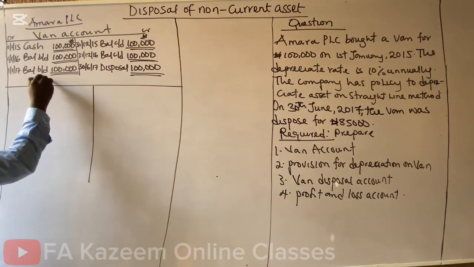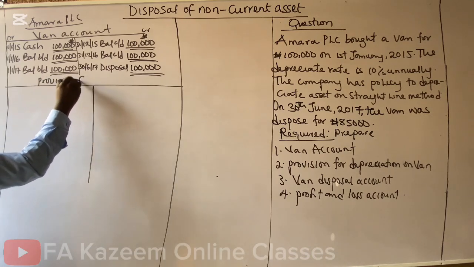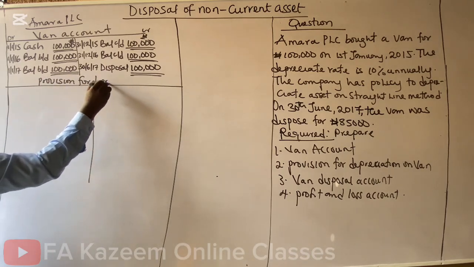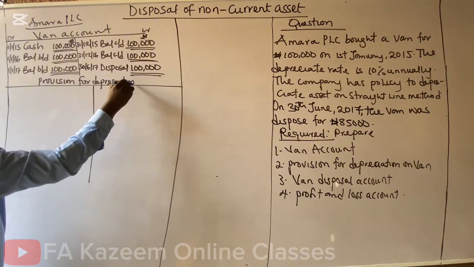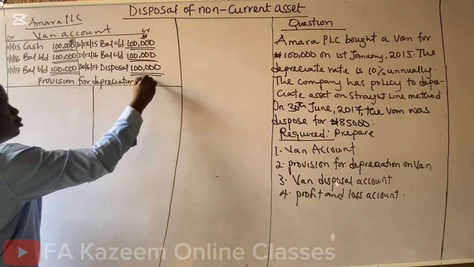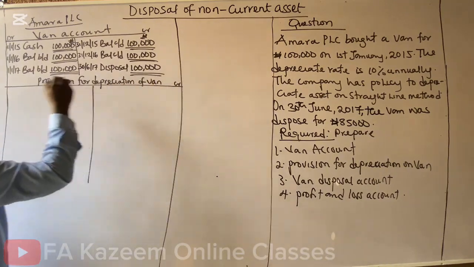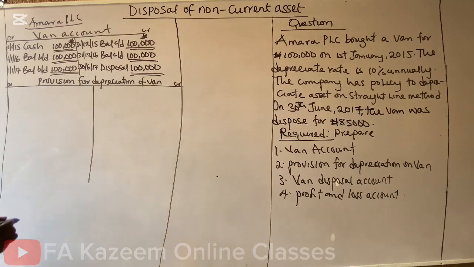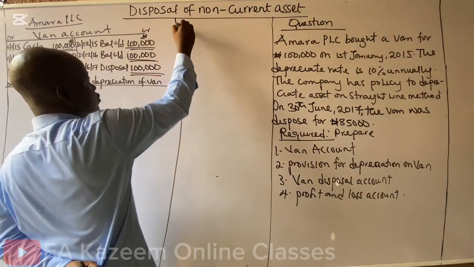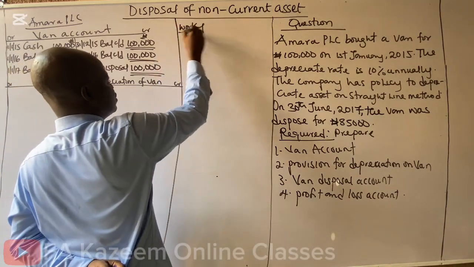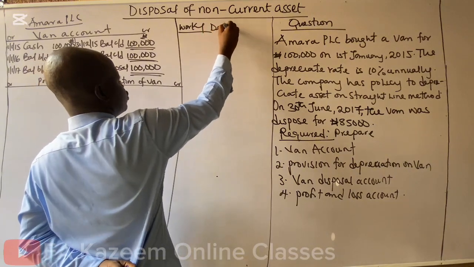How much have they provided for this van? Provision for depreciation of van. How much has been provided? That is taking us to workings for depreciation.